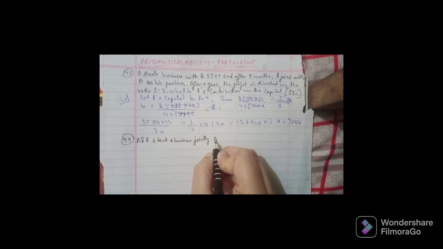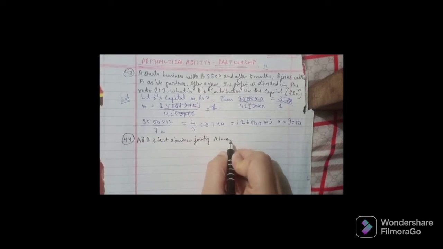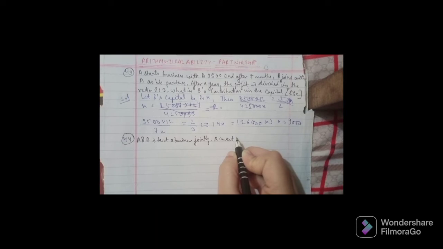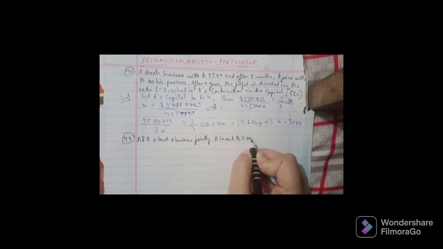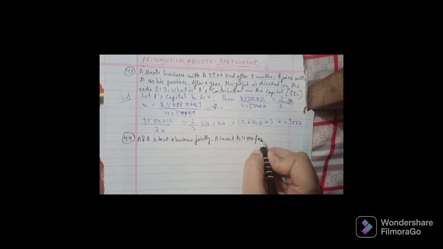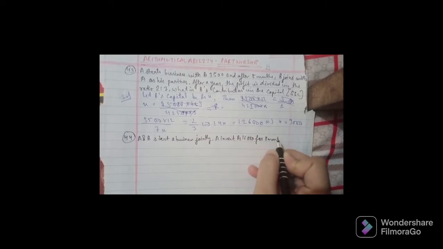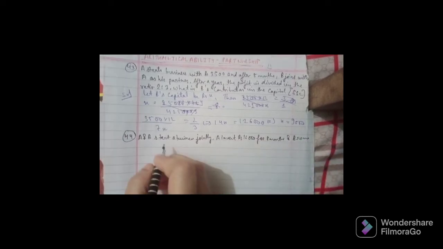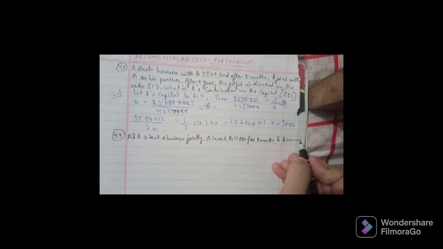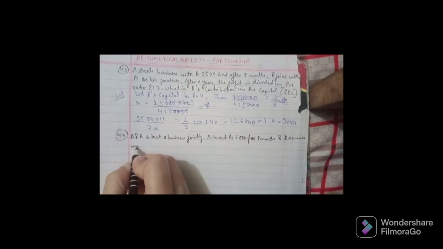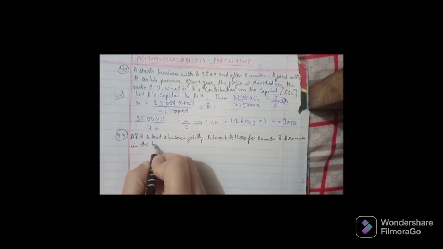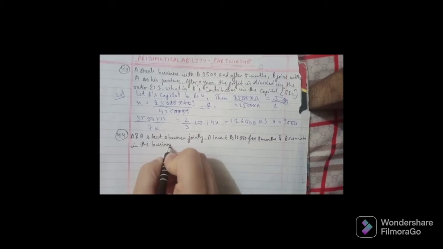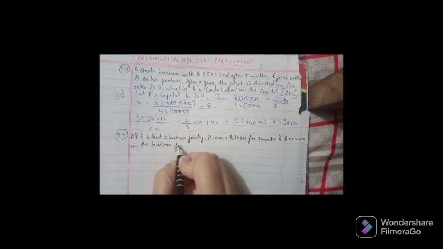A invests rupees 16,000 for 8 months, and B remains in the business for 4 months.